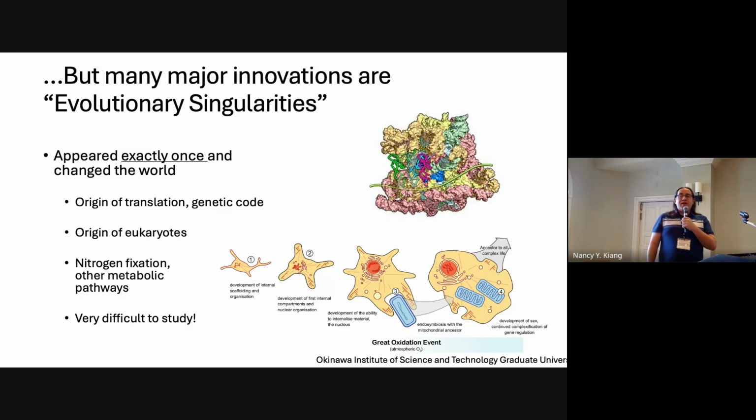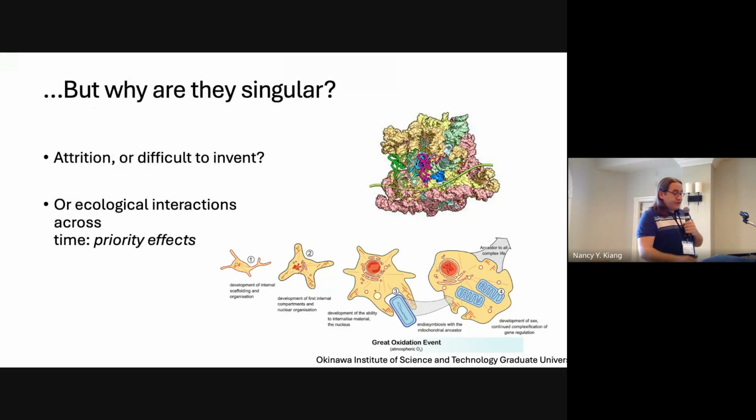There's only one. You can't compare anything. And there are multiple reasons that they could be singular. You could imagine attrition of multiple origins such that only one remains. You could imagine them just being difficult to invent, so you have anthropic selection effects. Or what I think is an interesting possibility is ecological interactions across time creating what are called priority effects.